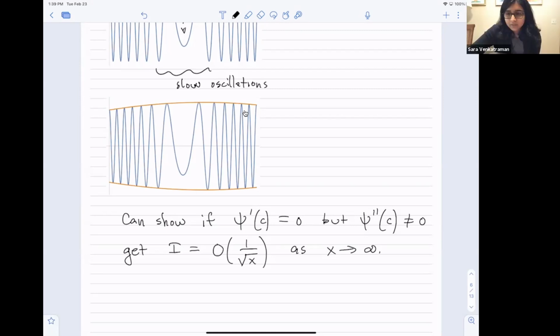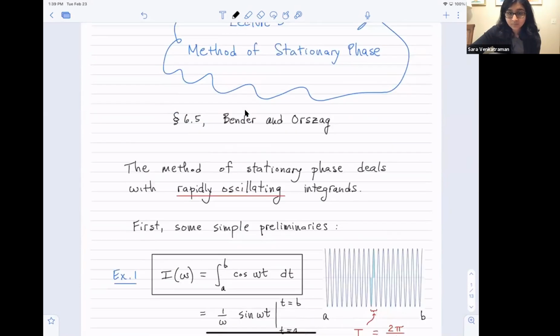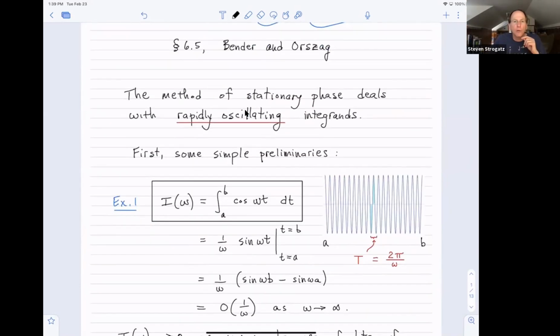Oh, I was just wondering what would happen, for example, in the first example we talked about where the integrand was just cosine. Okay. So in the first example where we had cosine, if I go all the way back to there, yes, there's no point of stationary phase in this example because the oscillation frequency is just this constant omega everywhere.